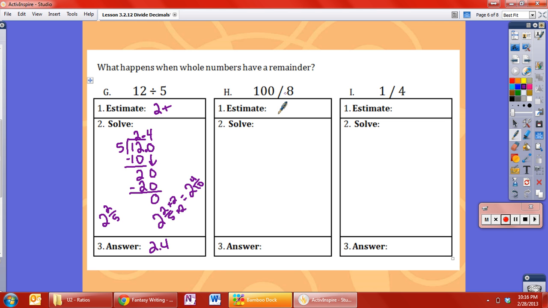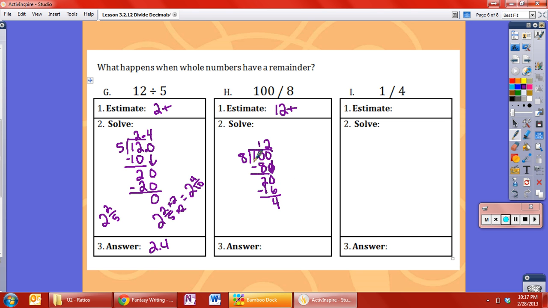One more example, 100 divided by 8. It's going to be somewhere around 12, a little more than 12, because 12 times 8 is 96. So I do 100 divided by 8. 8 goes into 10 once. 8 goes into 20 twice. 16. We have 4 left over. We don't want a remainder.